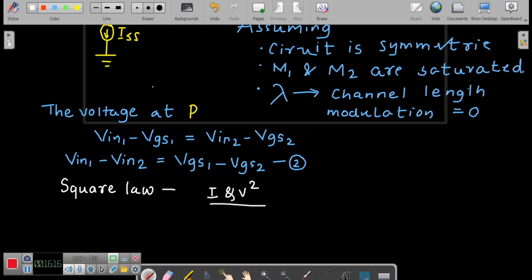In the square law, the current or the voltage depends upon the square of the other parameter. If the current is dependent on the voltage to the power 2, and if you take the voltage, it depends on the square of the current, right? And basically for a saturated MOSFET, you can have I proportional to V square, right?